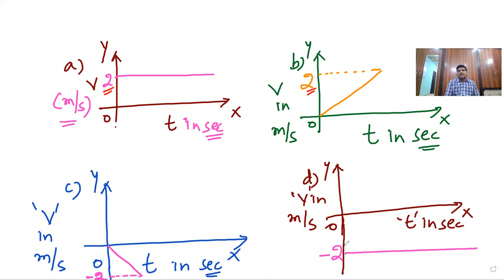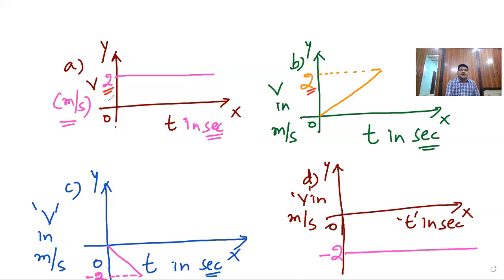And in the fourth option, the velocity is again negative, -2 meters per second. And be careful, this is with a constant velocity. As time is passing, 1 second, 2 seconds, 3 seconds, velocity is the same, constant, 2 meters per second. Clear? So, have clarity in the options before going into the problem.